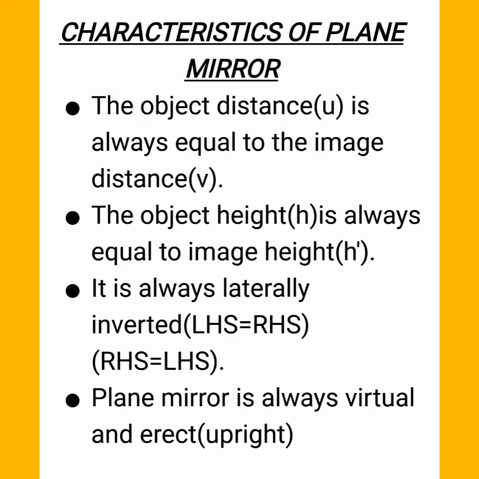First of all, we have to learn the two types of images, that is, one is real image and one is virtual image. Real image is the image which can be obtained on the screen, and the virtual image is the image which cannot be obtained on the screen. And the point to be added in both the images is that real image is always inverted and virtual image is always erect.